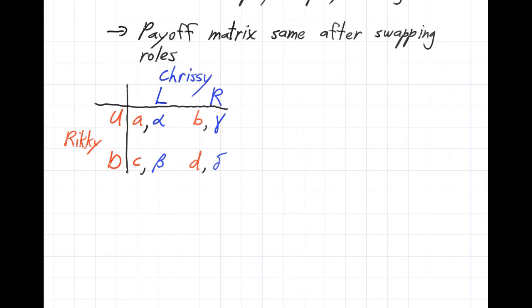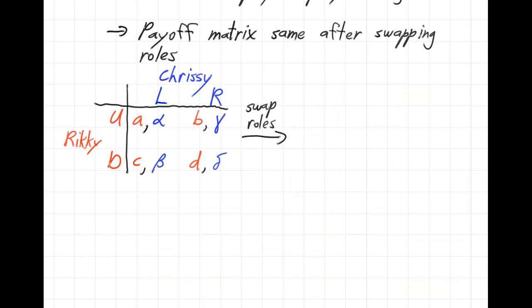Okay, so we've got this payoff matrix, and now imagine we swap roles. Same players, we just want to swap who is the row player and who is the column player. We'll leave the colors the same. Ricky will be red, Chrissy will be blue. What will the payoff matrix look like under this switch?